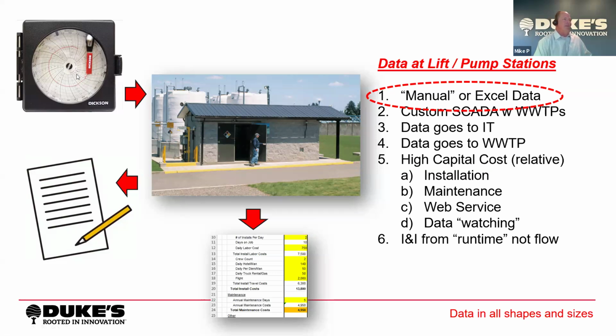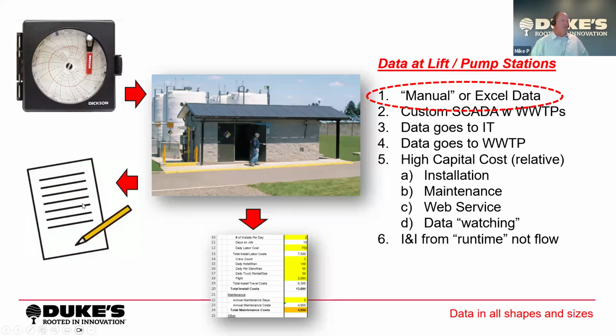But at the end of the day, that paper chart comes out and goes into somebody's drawer, and that drawer is probably full of them, and then nobody ever looks at them. And if any historical data needs to be known, then it would be necessary to get all these paper pieces out of the drawer. So I have the little diagram here with paper and pencil.